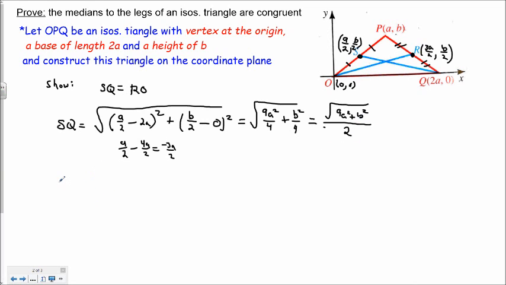And now I just need to also do the distance formula on RO to find its length.